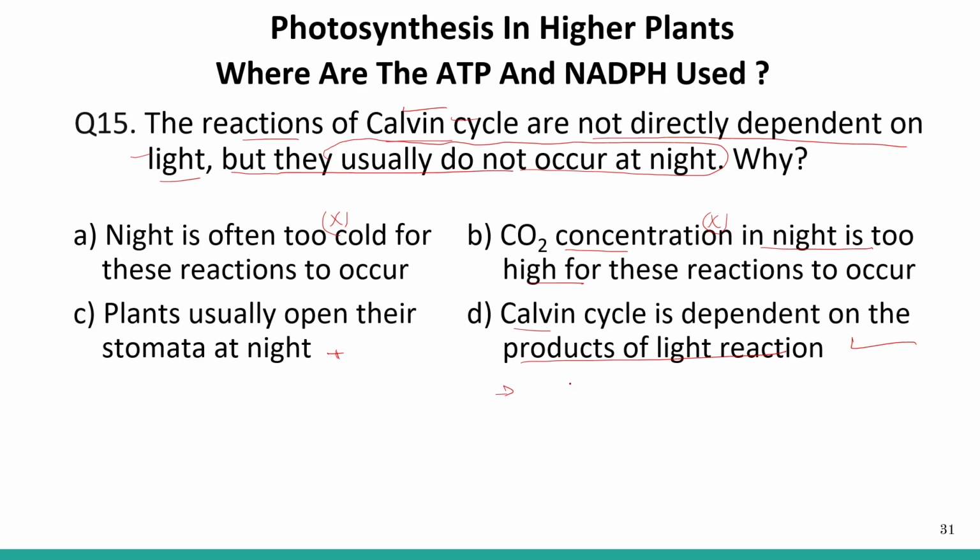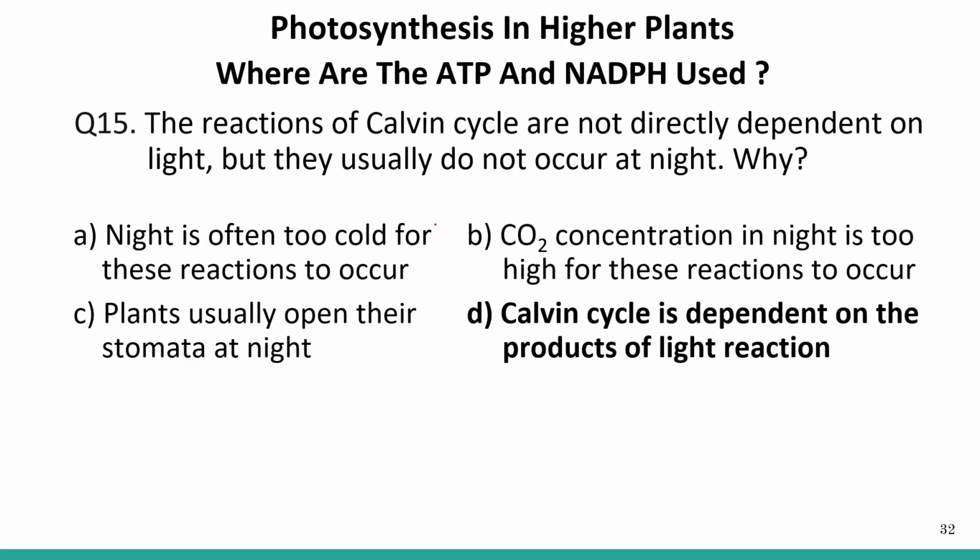The products of the light reaction are ATP and NADPH. These are utilized in the dark reaction or the dark phase. So what should be the correct answer here?